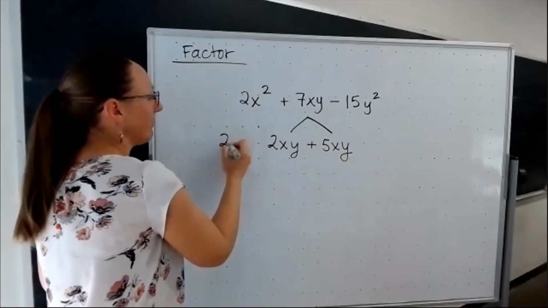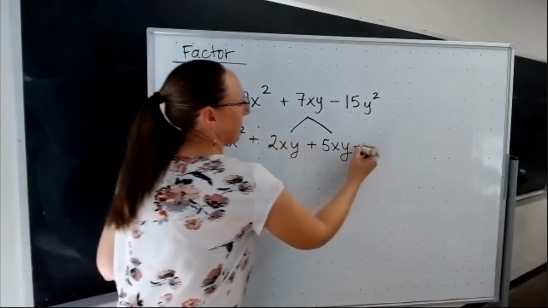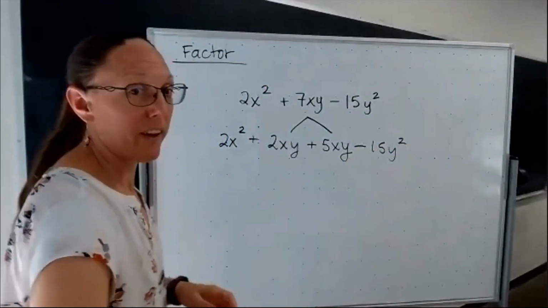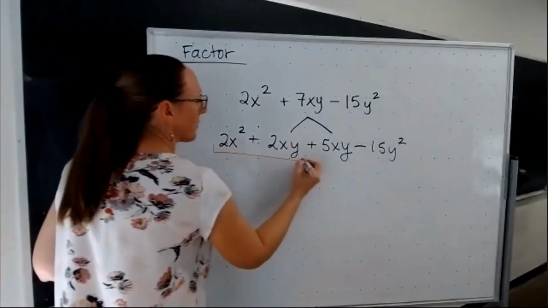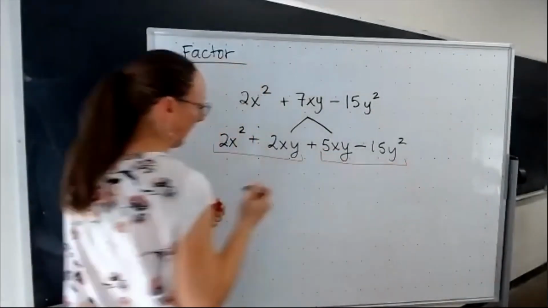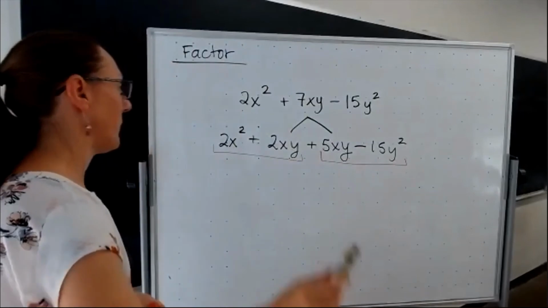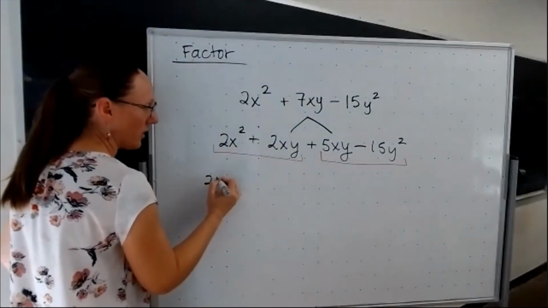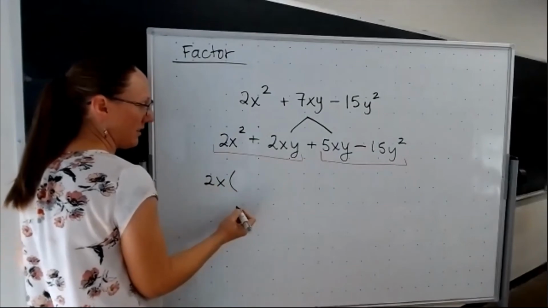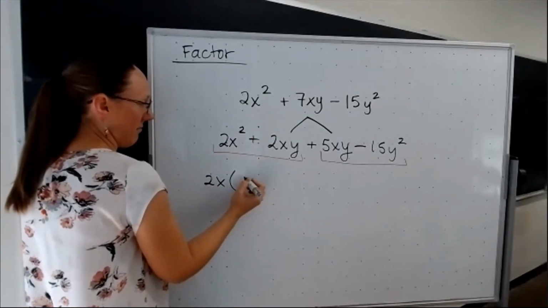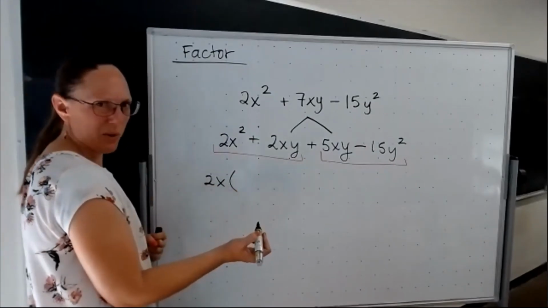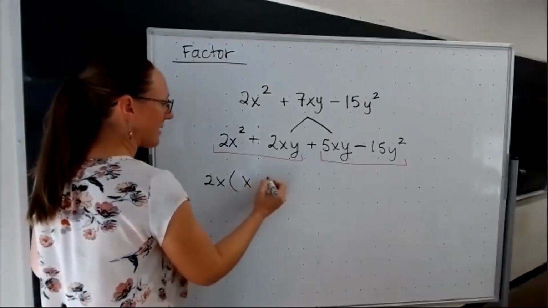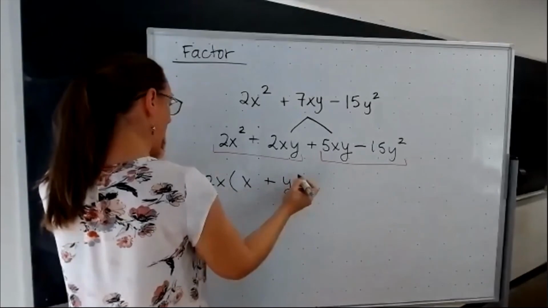Well, when you do that, and then we think about this as two groups. From the first group, I can factor out a 2x, right? I think I can factor out a 2x from both of those and get an x plus y.